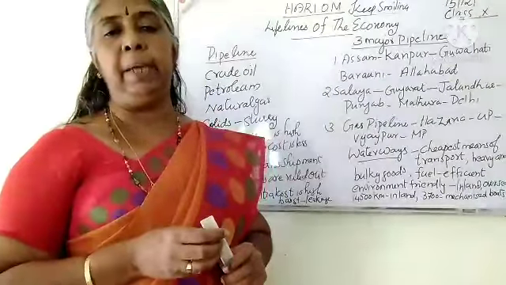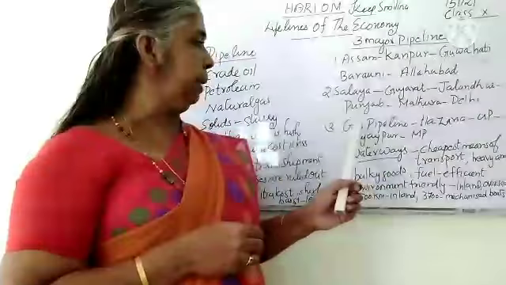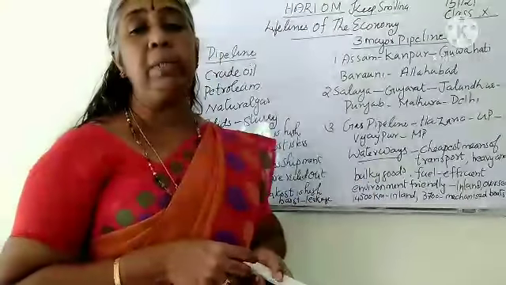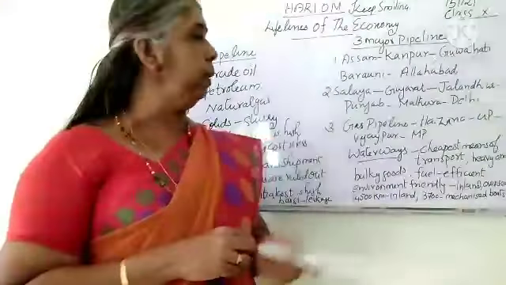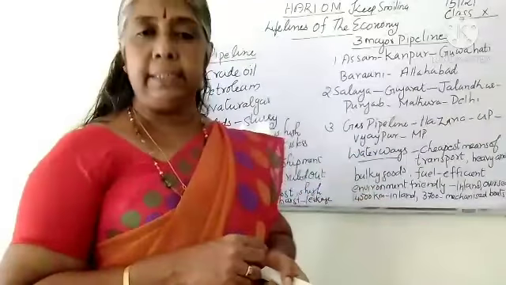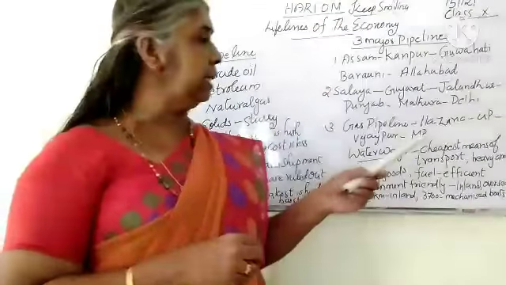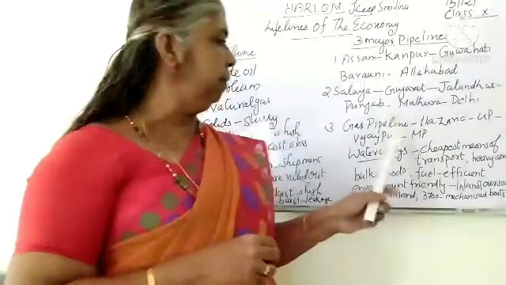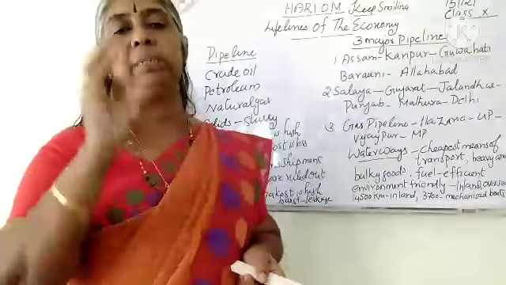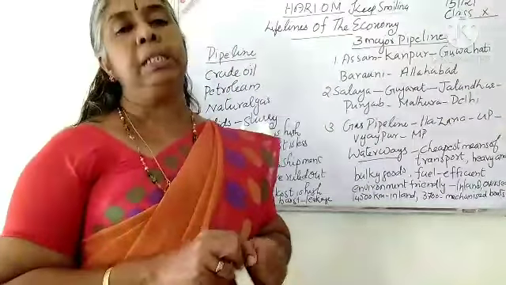One is Assam, Kanpur, Guwahati, Barauni to Allahabad. In between, the areas are connected. Second one, Salaya in Gujarat, Jalandhar in Punjab, Mathura in UP and Delhi. The third one is a gas pipeline connecting Aonla, UP and Vijaypur, Madhya Pradesh.